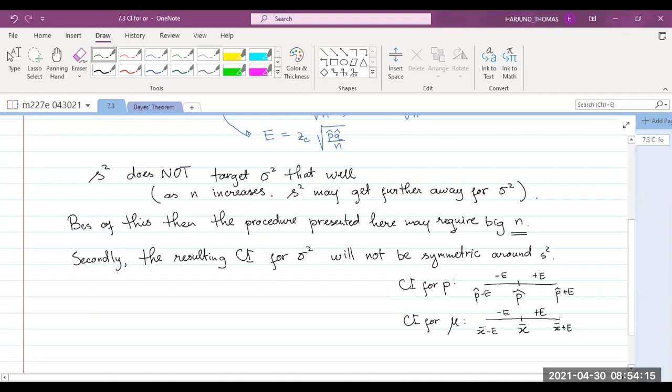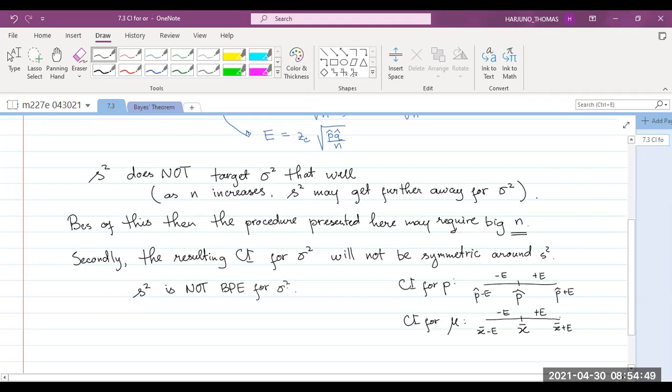Now that is not the case with the confidence interval we get later on by using our sample variance as point estimate. In fact, S squared is not the best point estimate for sigma squared.